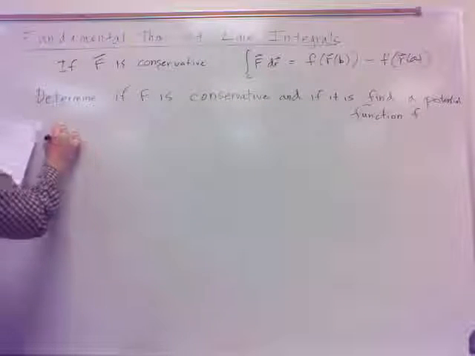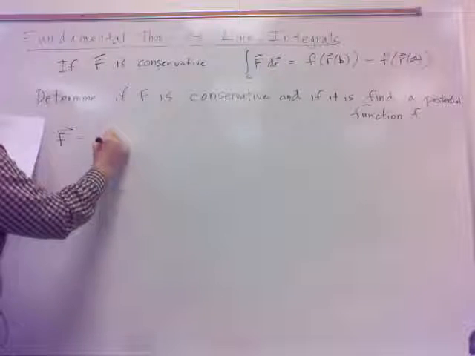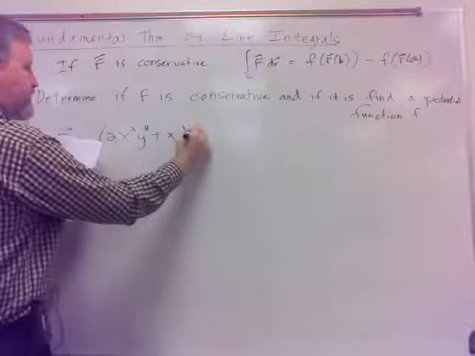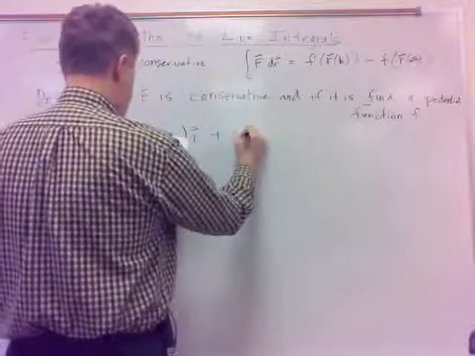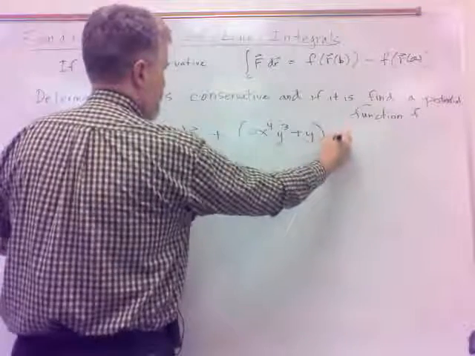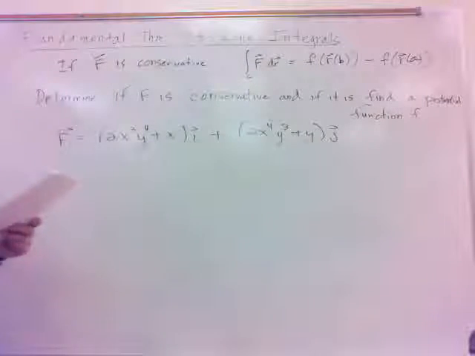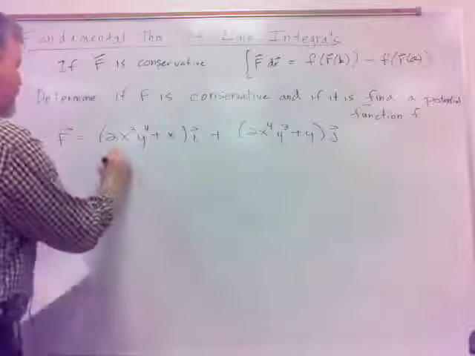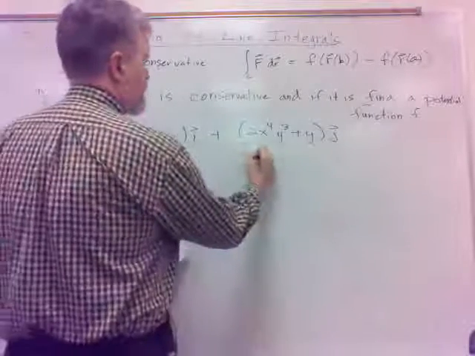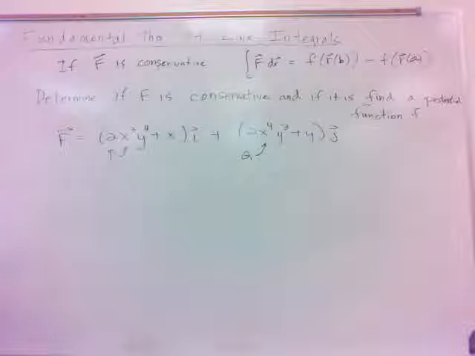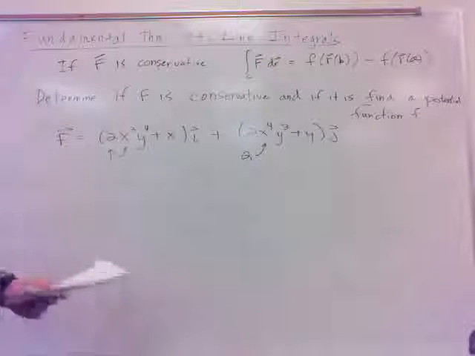We've got F equal 2x cubed y to the 4th plus x, that's our P, i, plus 2x to the 4th y cubed plus y, that's our Q, j. All right, so we don't know if this one's conservative, so let's see about it.